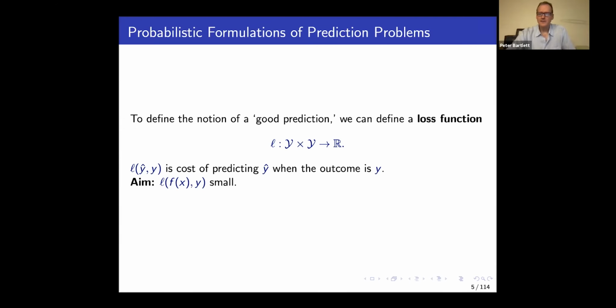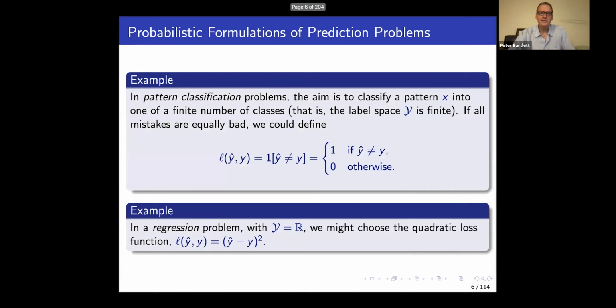One of the things I'm going to narrow us down to here is thinking about IID data, but just to give a couple of examples that do fit that assumption. In pattern classification, we're thinking of classifying a pattern into one of some finite number of classes. One of the simplest losses is the 0-1 loss, where we just incur a loss of 1 if we make a mistake on our prediction Y hat, and a loss of 0 otherwise.